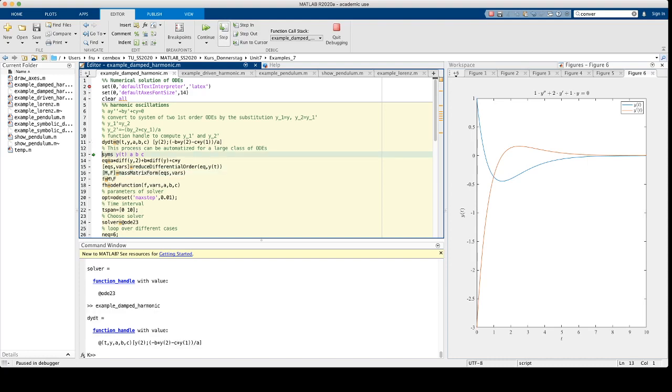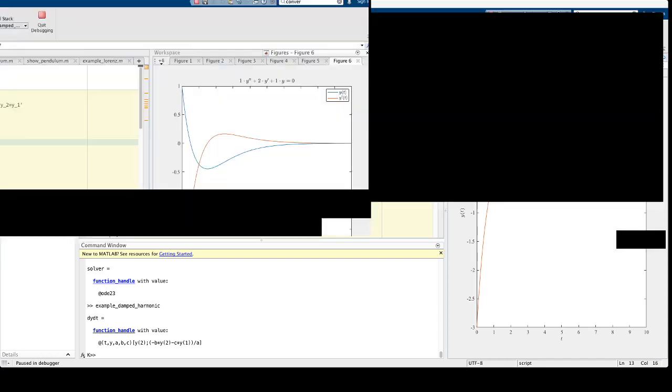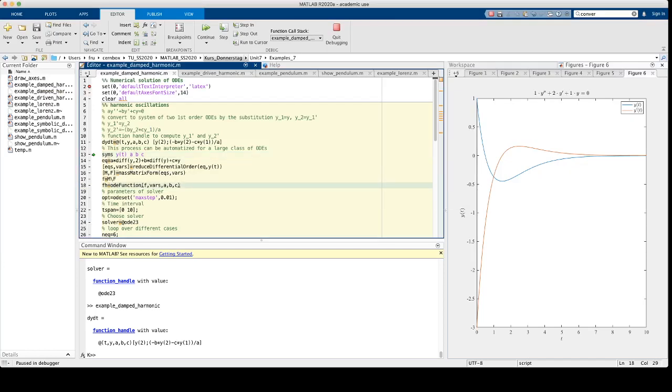Now this process can actually be automatized for a large class of ODEs, certainly for all linear ODEs, and we can proceed like this. First we write down the equation again in symbolic form, like in the previous video.